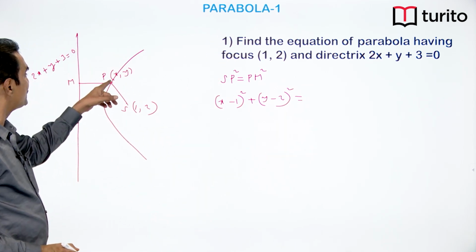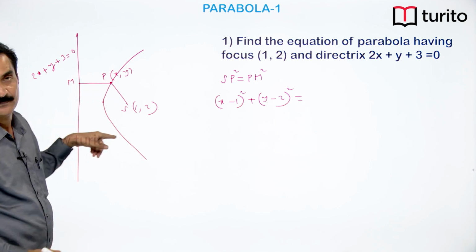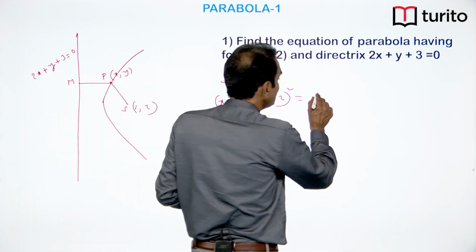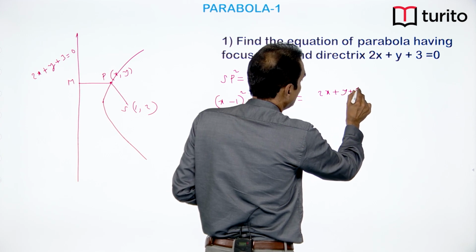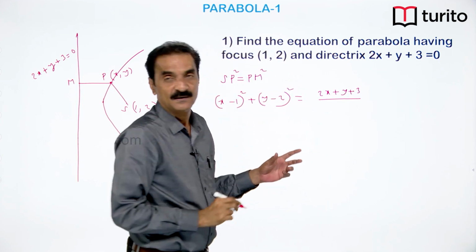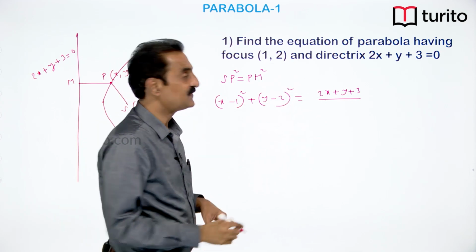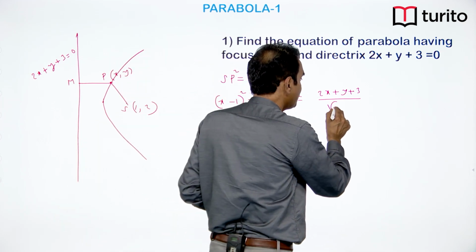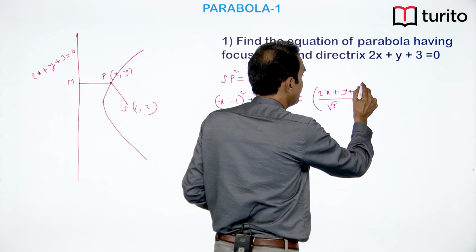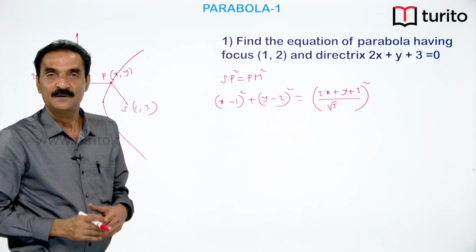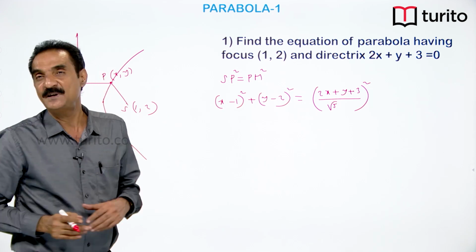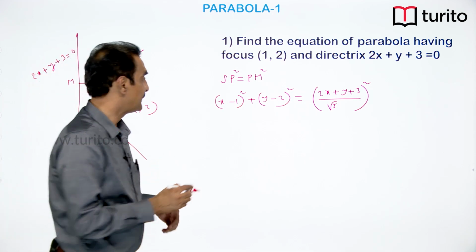What is the perpendicular distance from (x, y) to this line? It is (2x plus y plus 3) by root over (2 square plus 1 square), that is root 5, whole square. This is the equation of the parabola or locus of P(x, y). Let us simplify it.